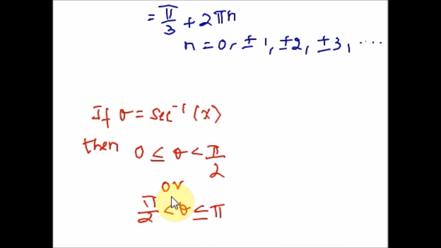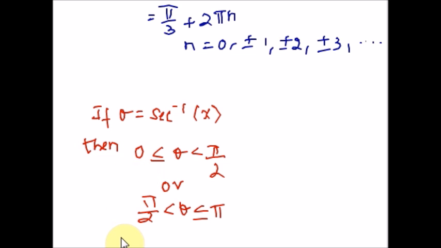Note that we have to avoid theta equal to pi over 2 because secant will not exist at that point. Also note that the range of theta was given in terms of secant, even though we actually used inverse cosine to get the answers. This will not be a problem because even though inverse cosine can give theta equal to pi over 2, we will never get it in our work.